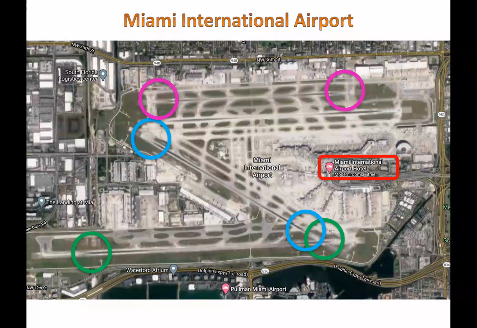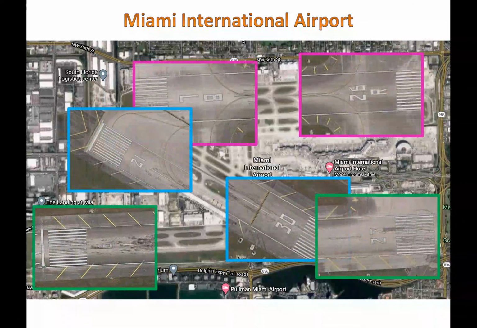So those two magenta ones, those purpley pink ones at the top there. Then there's the blue ones, the green ones, and they cover all varieties of needs depending on the direction of the wind and how the planes want to come in, or how air traffic control wants them to come in. And I've highlighted those sections here, and you can see that those are the Google screen captures from those runways.